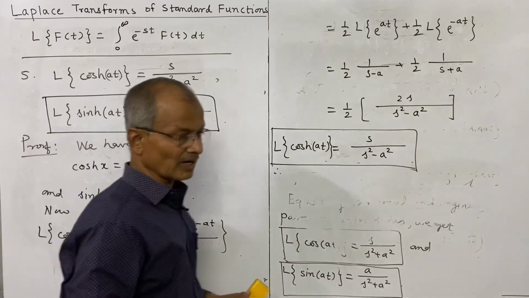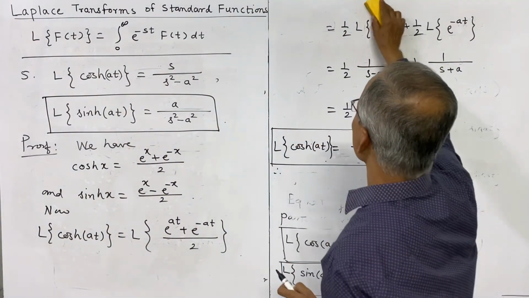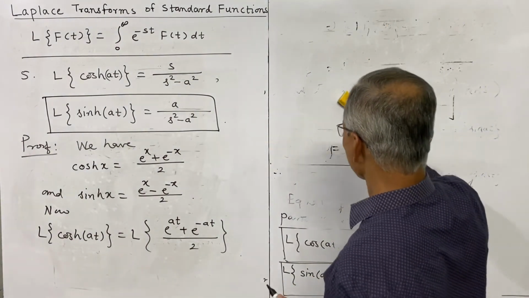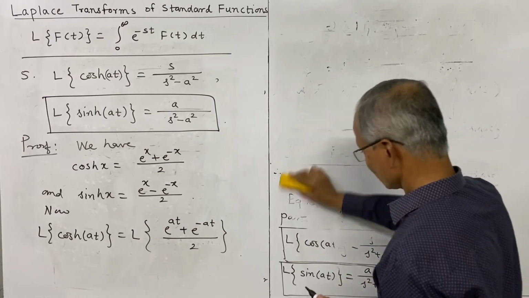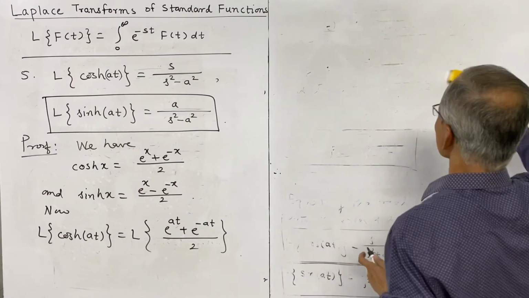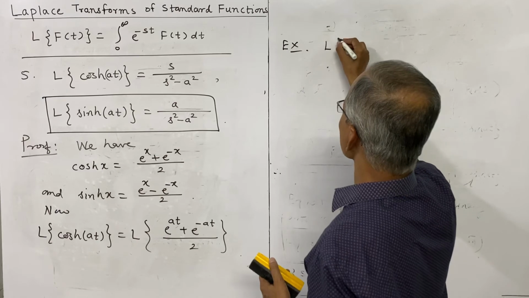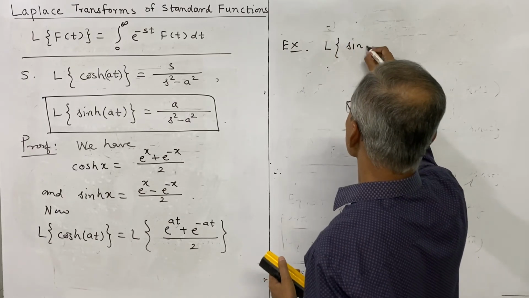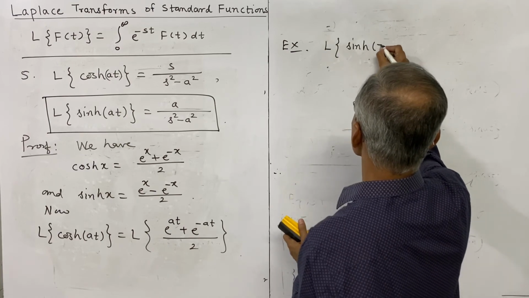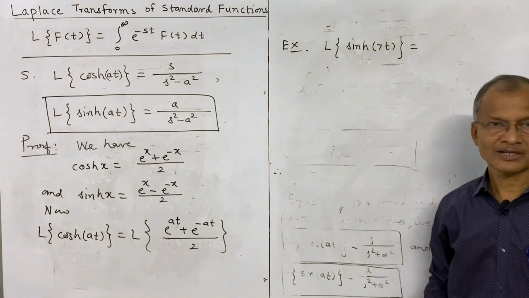So thus we have obtained the Laplace transform of some standard functions, and also we have proved earlier the linearity property. Now how to use these formulae that we have seen after deriving them. Here also you see, what will be the Laplace transform of, for example, hyperbolic sine 7t?